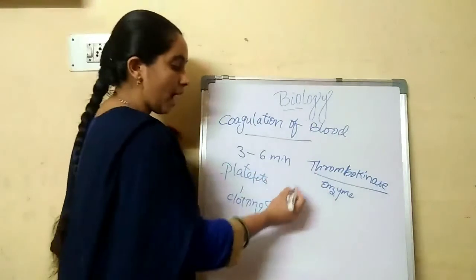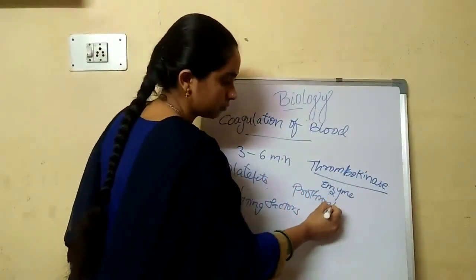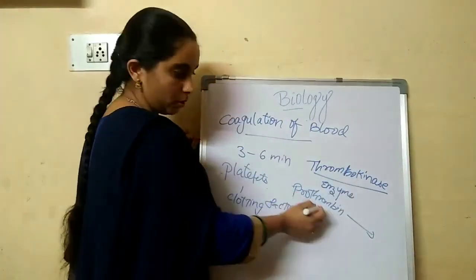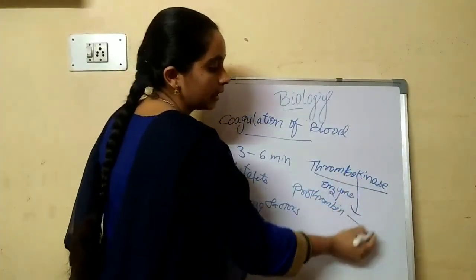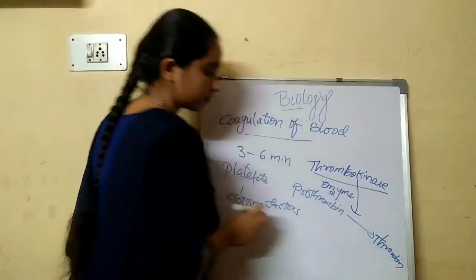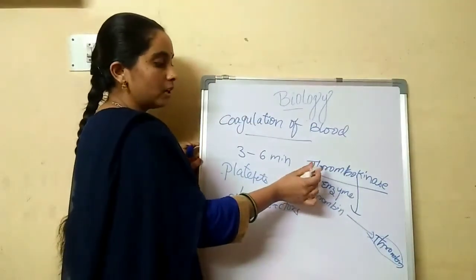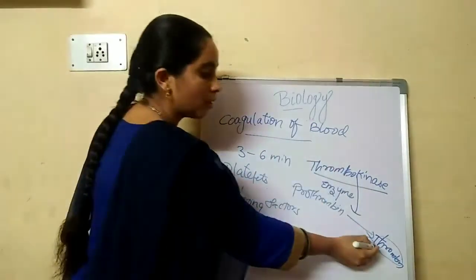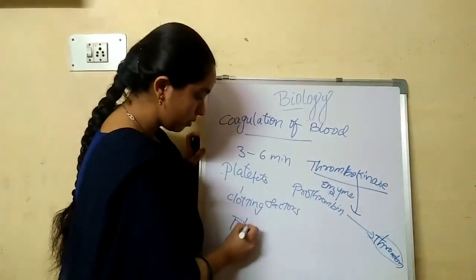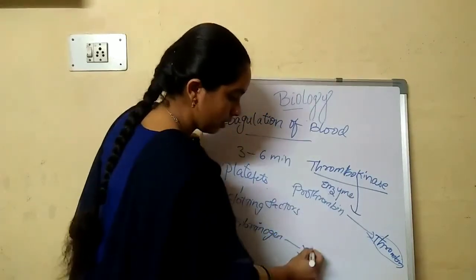This enzyme acts on prothrombin, and prothrombin gets changed into thrombin. Now this thrombin is formed with the help of thrombokinase. This thrombin will now help in converting fibrinogen to fibrin.